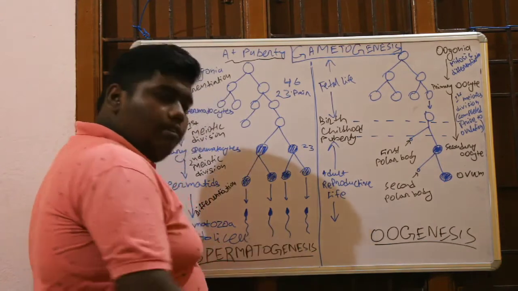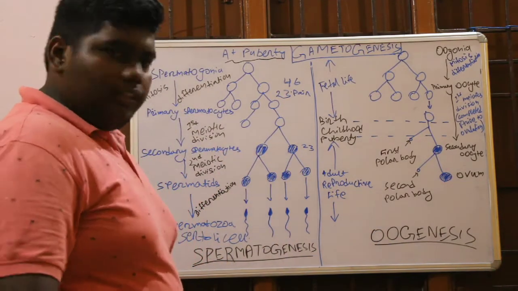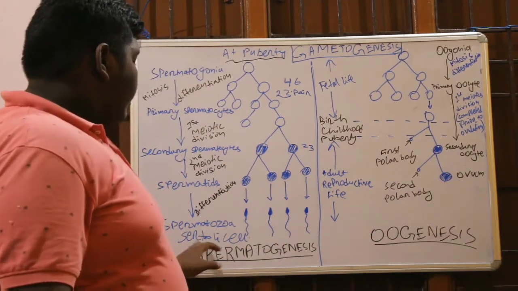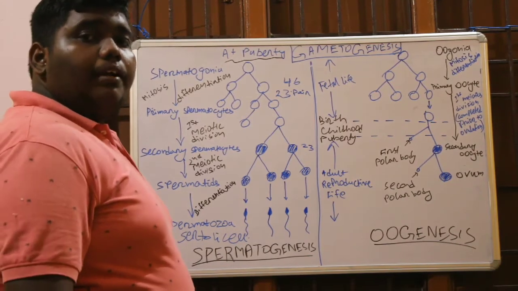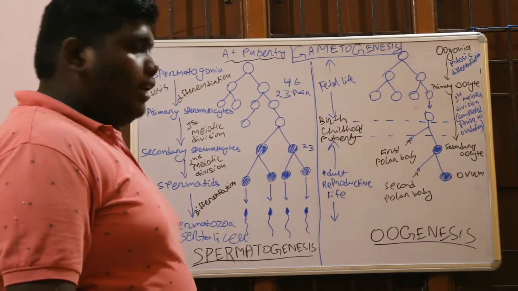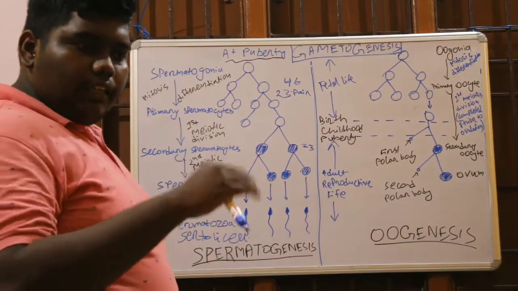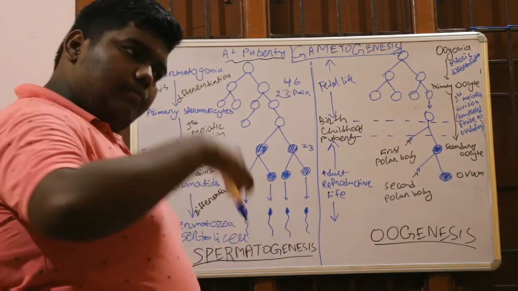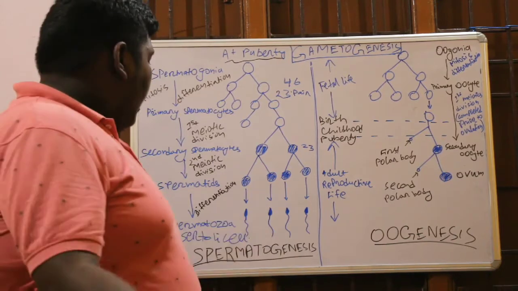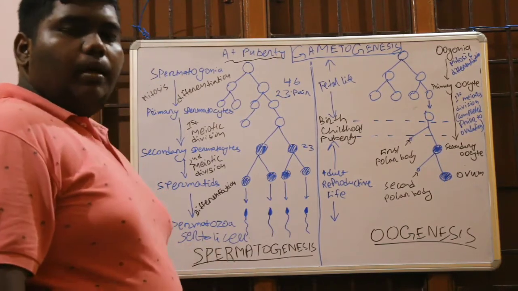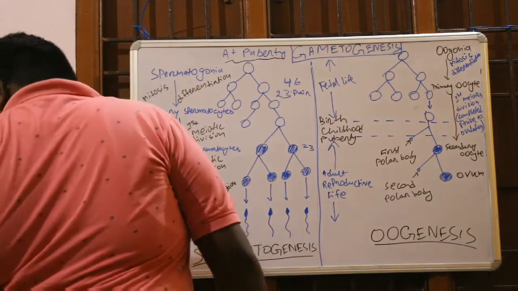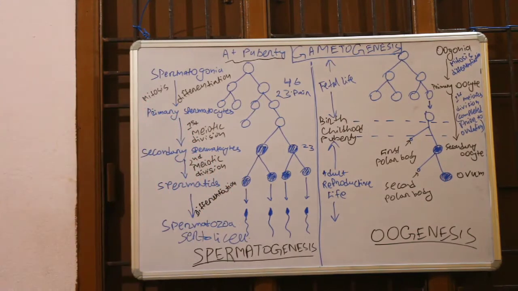Now, what are Sertoli cells? We have already discussed that in our previous video. They stay embedded in the Sertoli cells, and when there is a need, they get delivered out from the Sertoli cells by the process of spermiation.